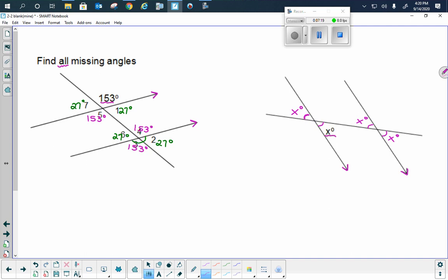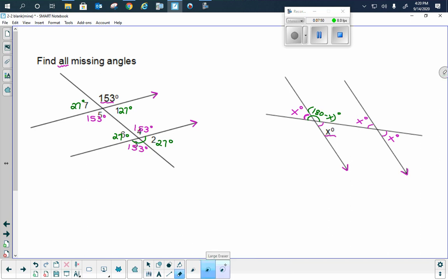And likewise, if you go back and do what we just did on the last one, here's a half circle. That means it's a straight angle, right? And how do you find the supplement of, well, when it was 153, you did 180 minus 153. How do you find the supplement of X? You should be doing 180 minus X. And therefore, that means this angle is quantity 180 minus X, quantity degrees.